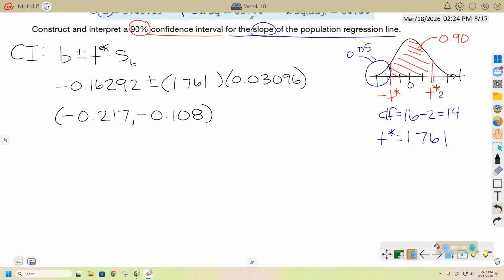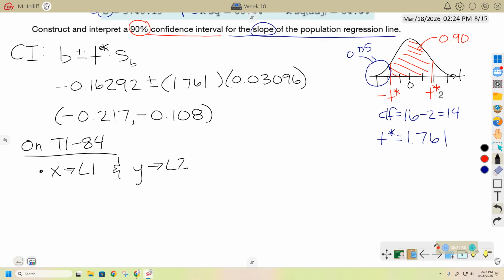There is a way to do this by putting the data in your calculator. So if I wanted to do this with my calculator to check and make sure I did it correctly, you would start by putting the X values in list 1 and the Y values into list 2. We want to make sure we do it in that order.